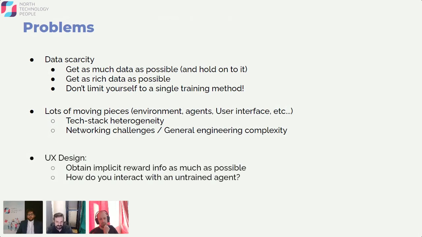And finally, and I'm just going to touch on this, it's really important to think about the way you're going to be presenting the training process to the humans. Humans are fickle. They don't like to be bored. They don't like to be annoyed. They don't like to be distracted.